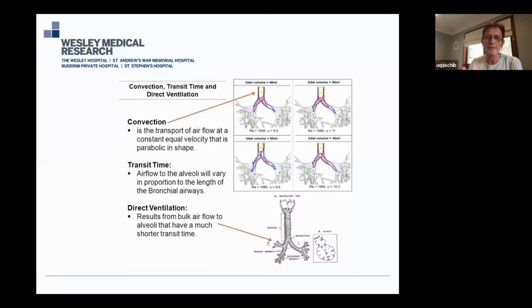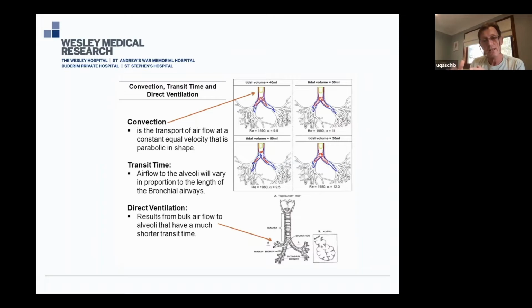Terminology around it: in ventilation distribution physiology we talk about convection and diffusion, and there's a lot of modeling of where and how far down convection goes. This is just to show that the so-called distal airways, the bronchioli, are changing in volume. And then as soon as it gets into the alveolar space, we have a completely diffusion-dependent process in the healthy lung.